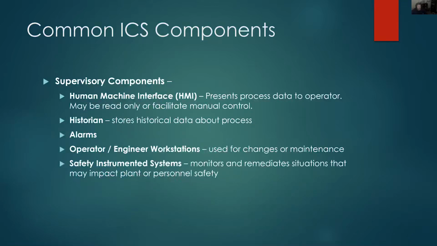Operator and engineer workstations. On the Purdue model that we looked at earlier, those would be like at level 3. Those are where the actual programming of the devices takes place. And they usually use something called ladder logic.